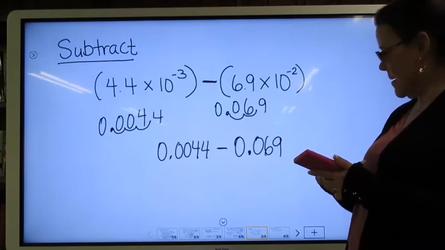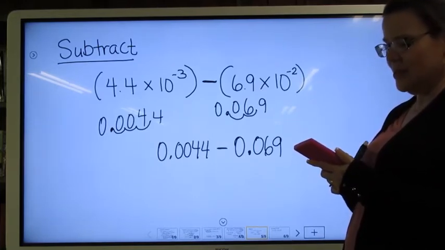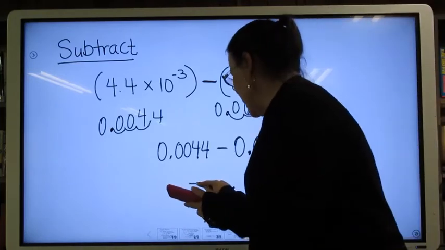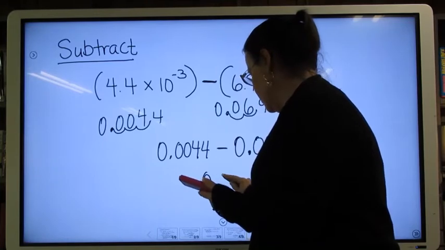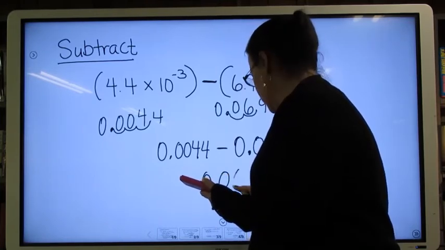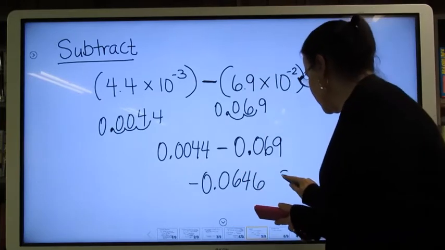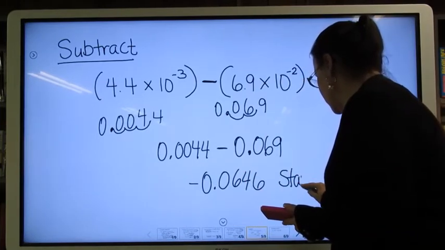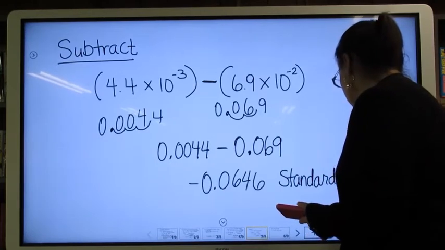0.0044 minus 0.069 equals, and you have a negative 0.0646. That would be your standard notation, standard form for the answer.